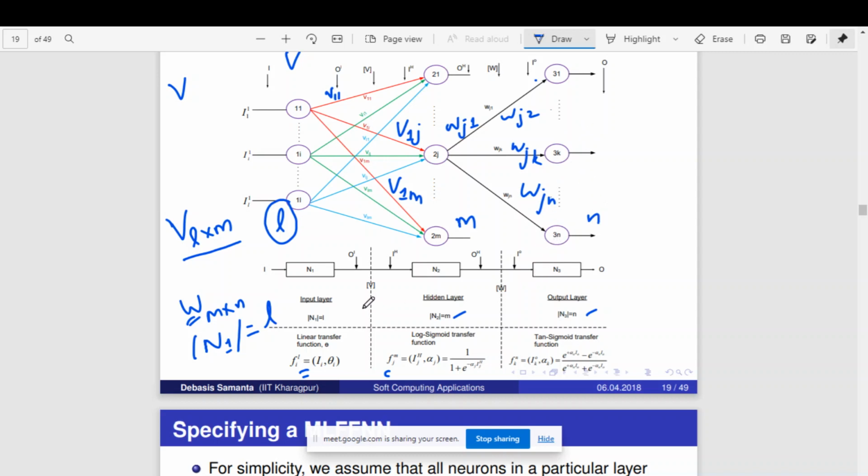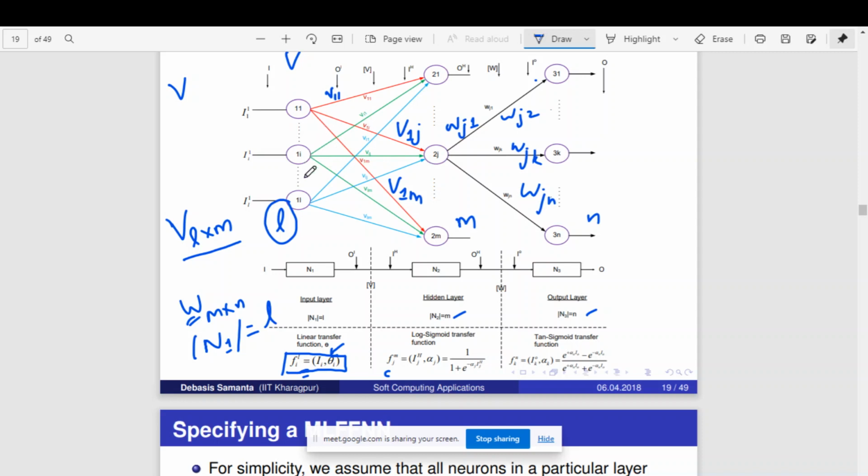In the input layer we are using a linear activation function. That means we are not using any specific activation function. We are just taking the input and checking whether it is greater than some threshold. If the input is greater than the threshold, this layer will give 1, otherwise it will give 0. That's all, nothing else.